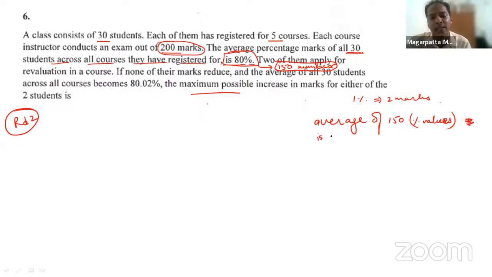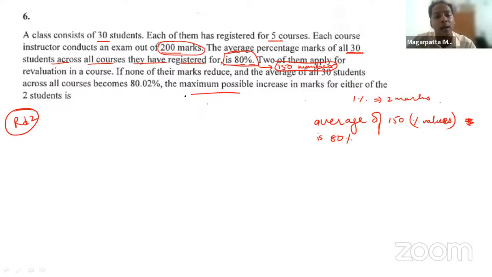Is it a correct interpretation? There are 30 students and each of them had 5 courses, so there are 150 marks out of 200 each. And the average percentage across all students across all courses is 80. So basically I'm taking the average of 150 percentage scores, right?